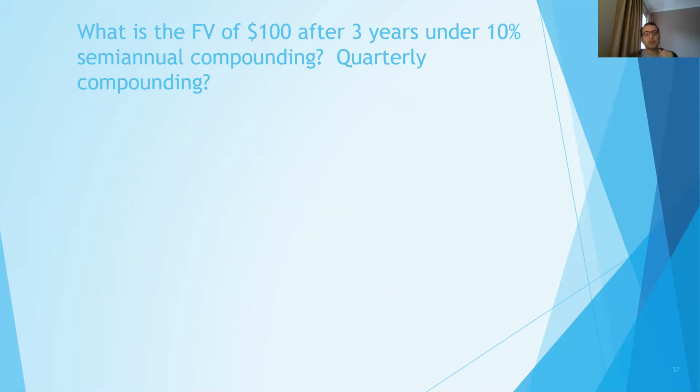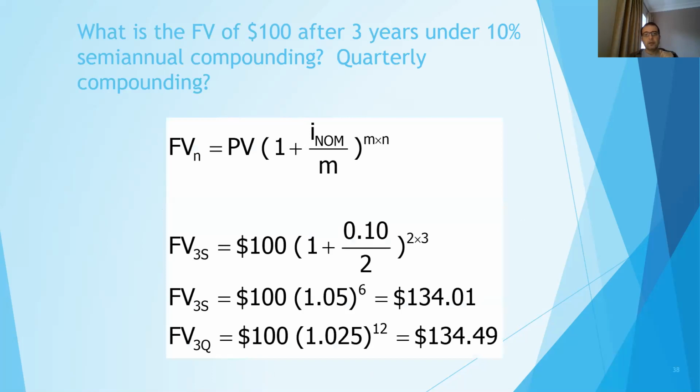Okay, let's see what is the future value of $100 after 3 years with 10% semi-annual compounding and quarterly compounding, right? Here is the semi-annual compounding. So we have 10% here. We divide by 2. Why? Because we have semi-annual compounding, right?